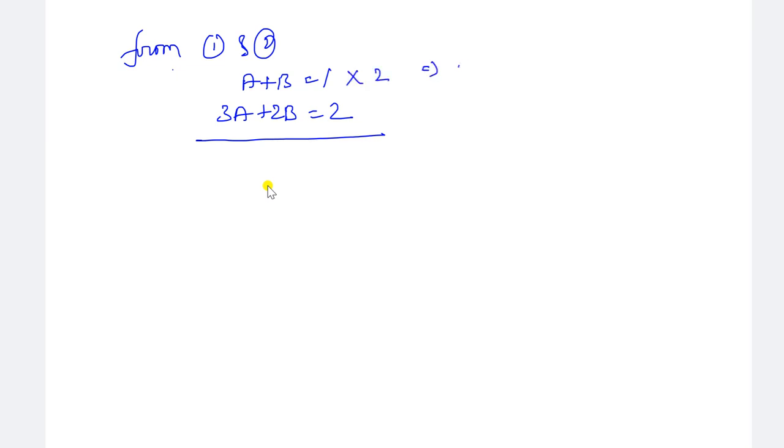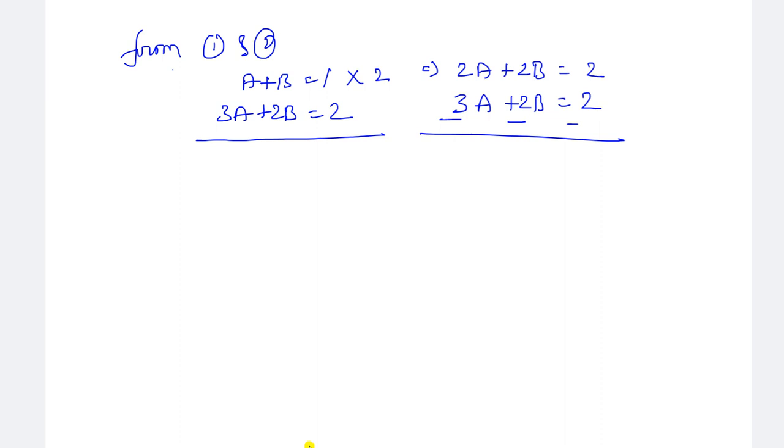So what we will get: 2a plus 2b equal to 2, and next what we have, 3a plus 2b equal to 2. If you subtract, what we get, 2a minus 3a is minus a, and plus 2b minus 2b cancel, and 2 minus 2 cancel, that is equal to 0. So here we will get a is equal to simply 0.